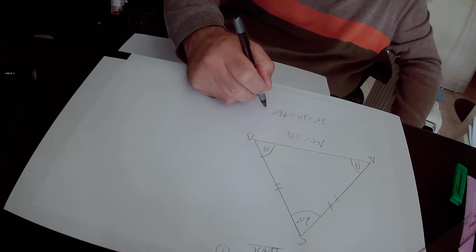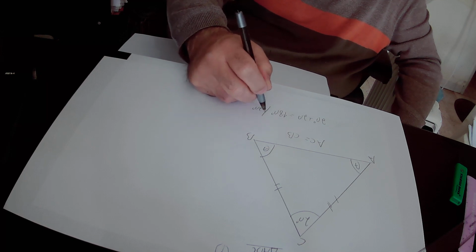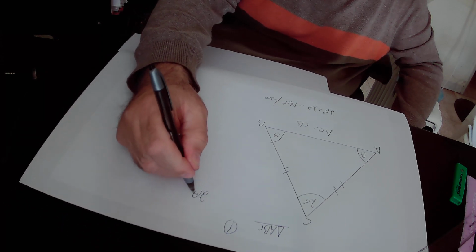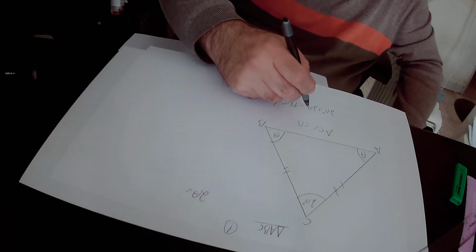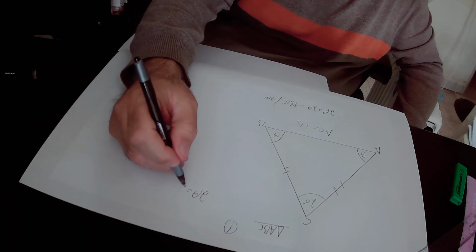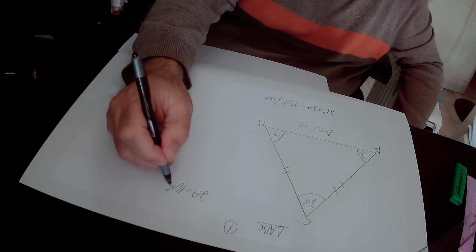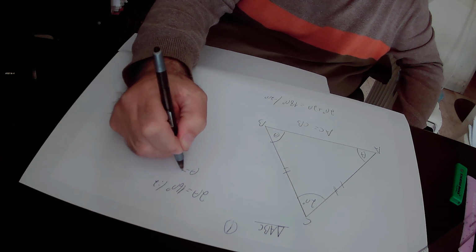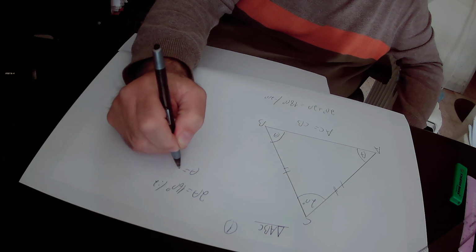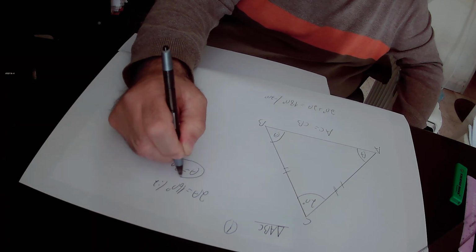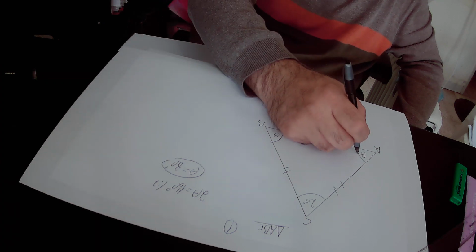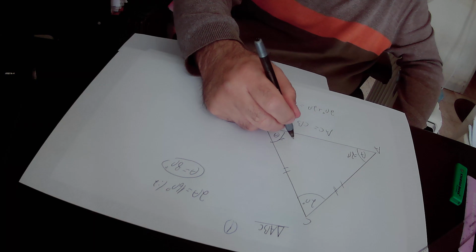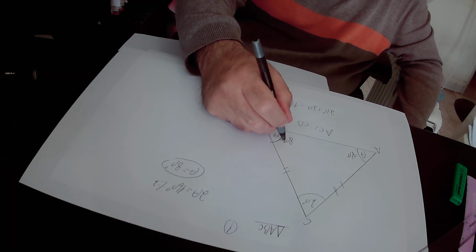So we subtract 20 degrees, and finally we get that 2 theta equals 180 minus 20, which is 160, so 2 theta equals 160 degrees. We divide by 2, and finally we get that angle theta equals 160 over 2, it is 80 degrees. So the size of this angle theta is 80 degrees.